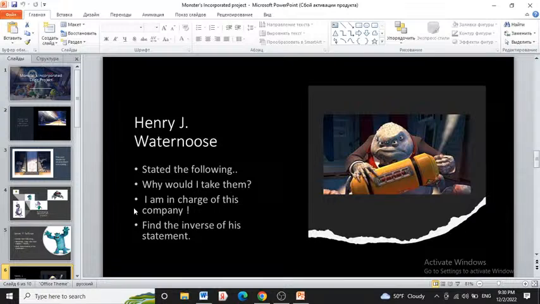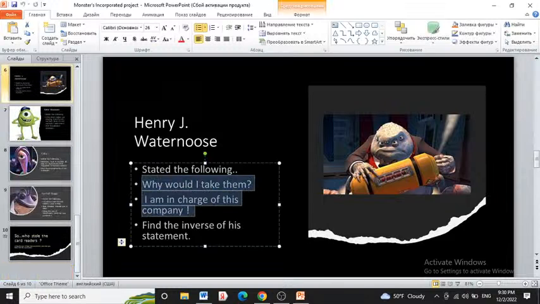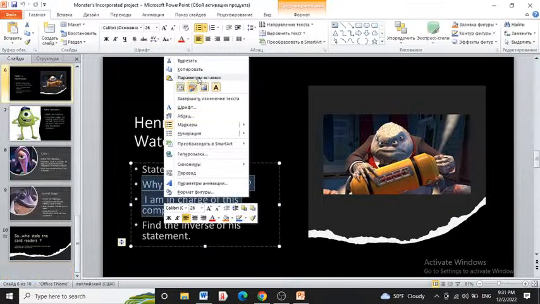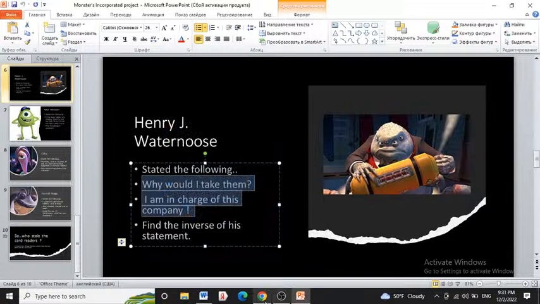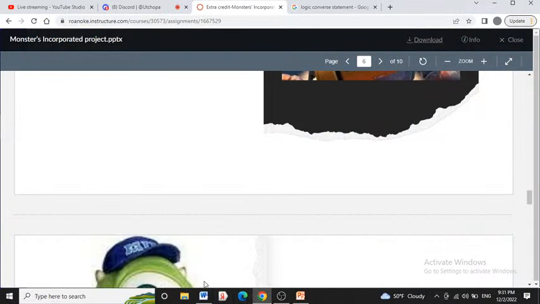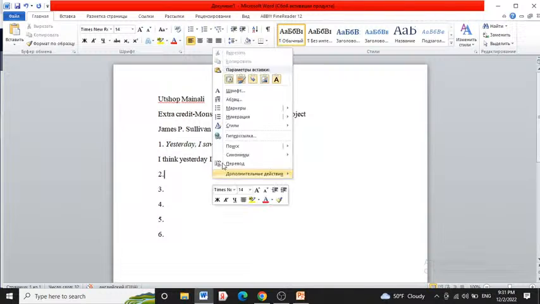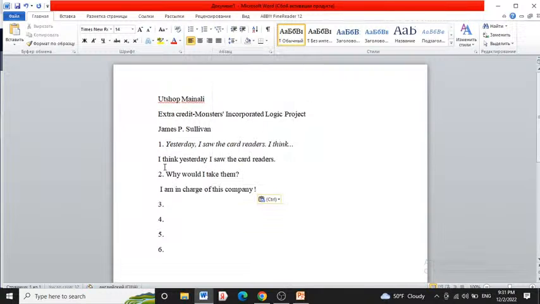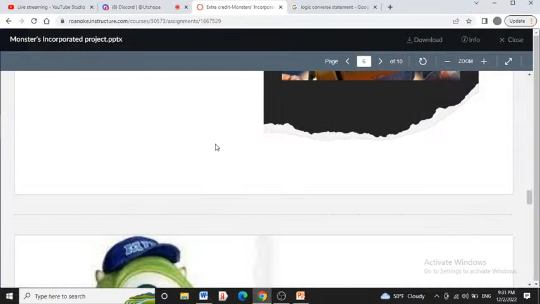Henry J. Waternoose stated the following: why would I take them? I am in charge of this company. So I'm going to take those two statements and kind of make it into one, and I'm going to put his name in here too.